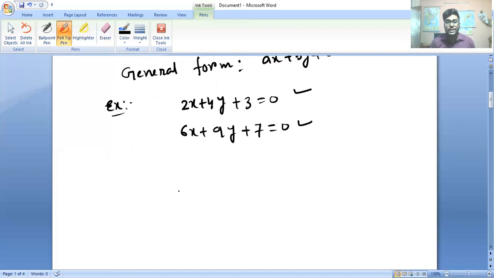Now, if an equation is not in this particular form, we can make it in this form. How? Suppose the equation is like this, or suppose it is like this. Can I make this in this form?